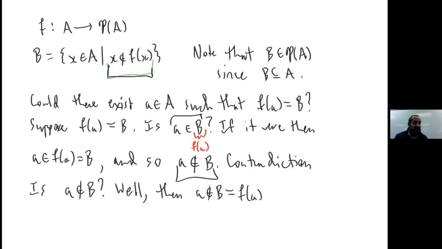A is not an element of its image, yes? And so what would that mean? Then it would meet the requirement of being in there. Do you see what I am saying? If A is not in B, that means it's not in its image, which means it is in B, yes? Right? Which implies what? A actually belongs to B. Contradiction again.